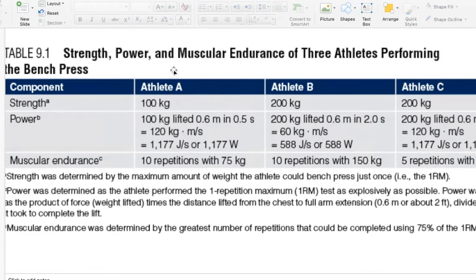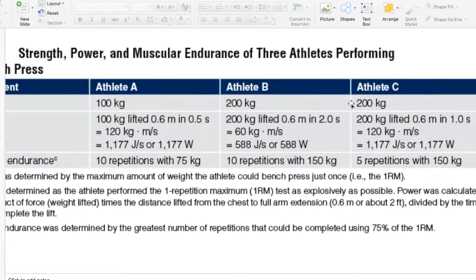And because of that, athlete A is pumping out more power in terms of watts than athlete B. So athlete A is more powerful than athlete B.